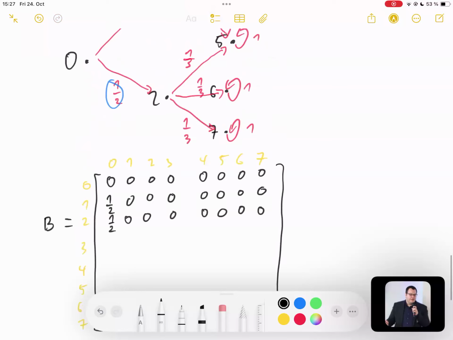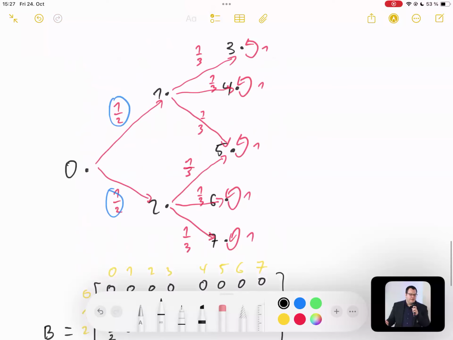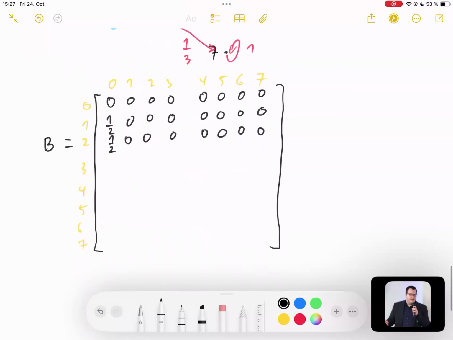And now we can think about what the next few entries would look like. What we see is there are these loops in positions 3, 4, 5, 6, and 7. These loops would lead to ones in the diagonal, because from 3 we have a loop to itself, and from 4, 5, 6, and 7.